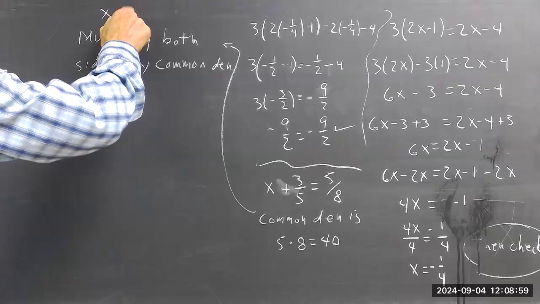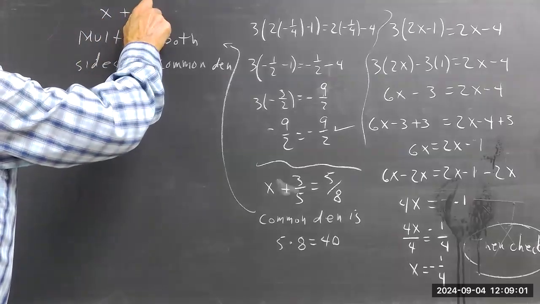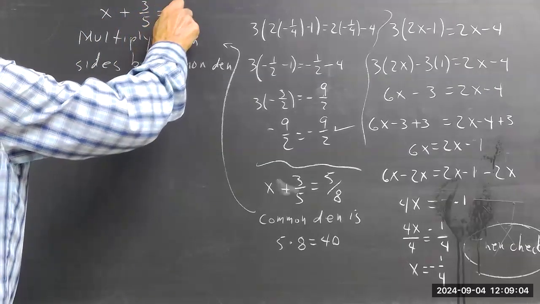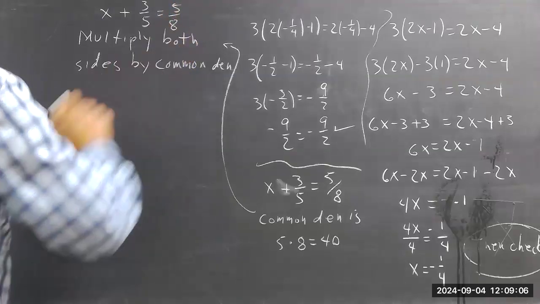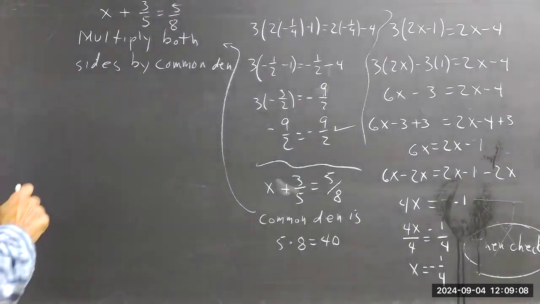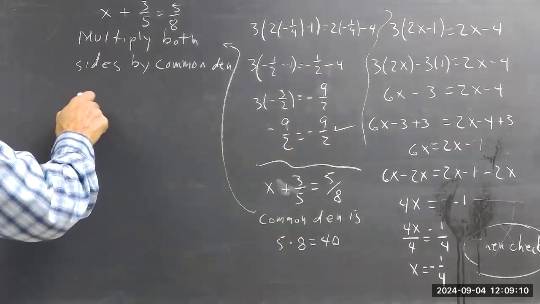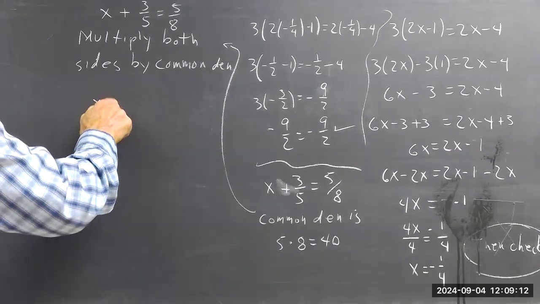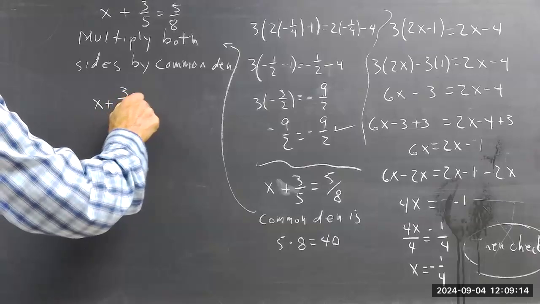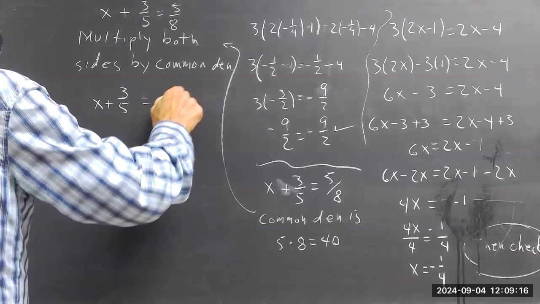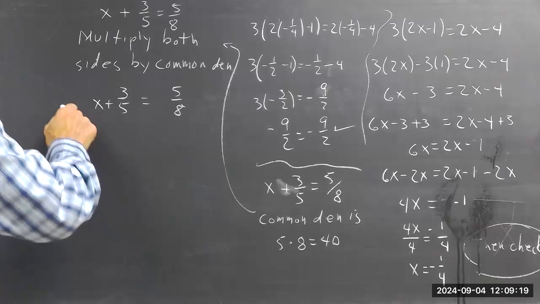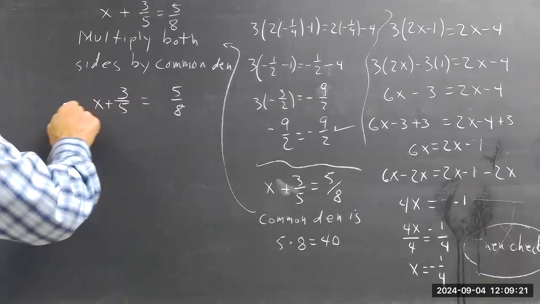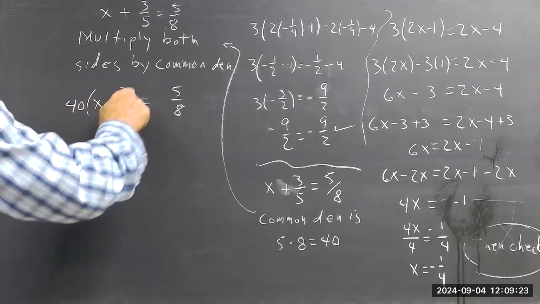Remember, the equation is x plus 3/5 equals 5/8. So we write it out this way. First, we write x plus 3/5 equals 5/8. And then our common denominator is 40.